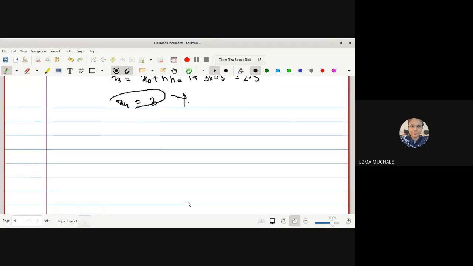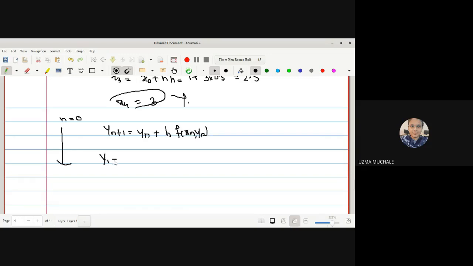Let us proceed using the formula of Euler's method. First we write down the formula: yn plus 1 is equal to yn plus h into f of xn, yn.